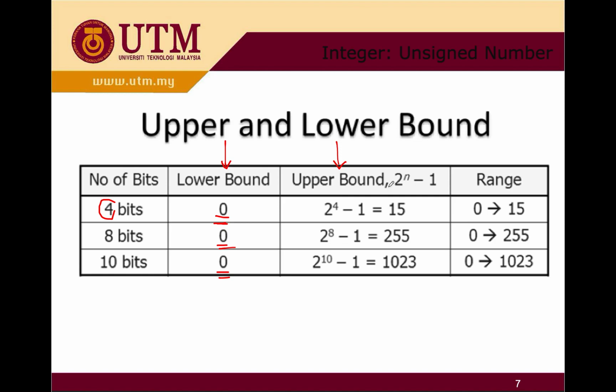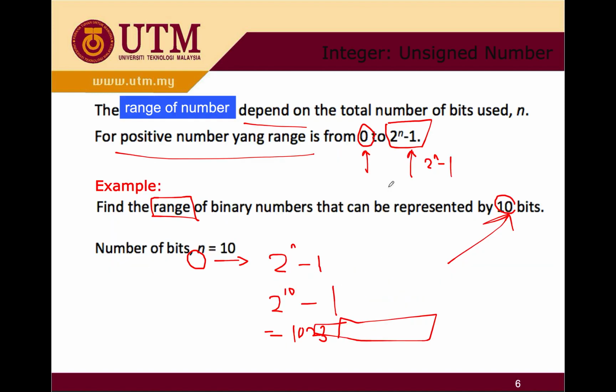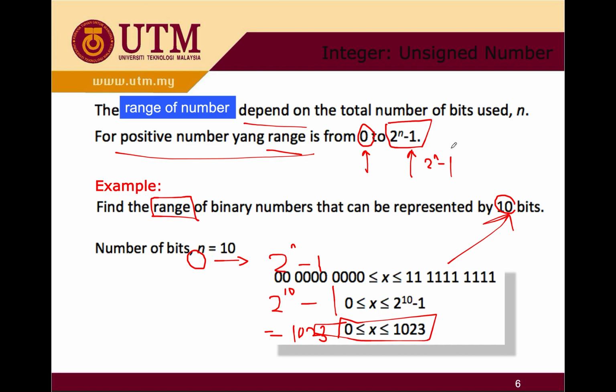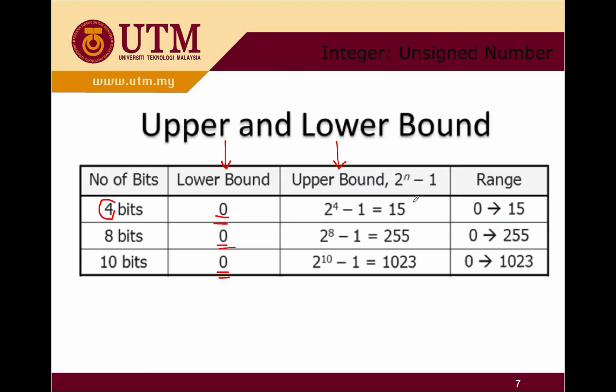Don't feel confused about what upper bound is. Normally you say the range is from minimum to maximum number, right? But there are also other words that represent minimum and maximum, which are lower bound and upper bound. So don't say that you haven't heard about this before.